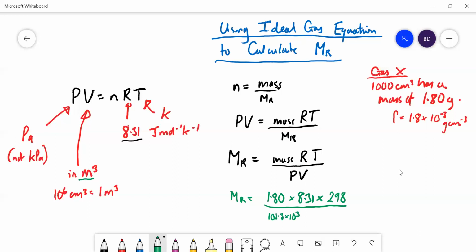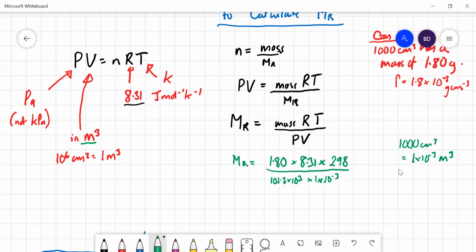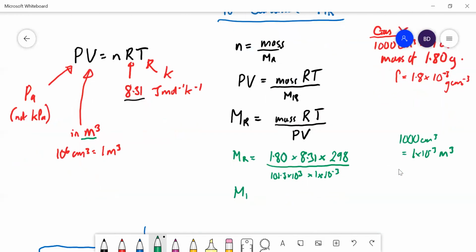And the volume they tell us is 1,000 centimeters cubed, so divide by a million to give you meters cubed. That is 1 times 10 to the minus 3 meters cubed. Put all that in there, and the Mr is 44.